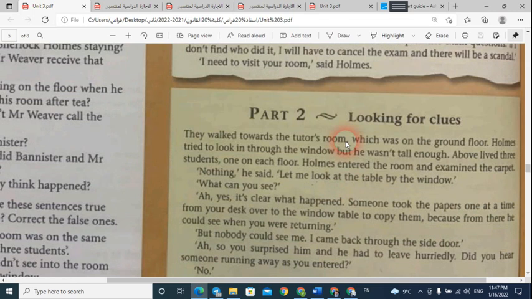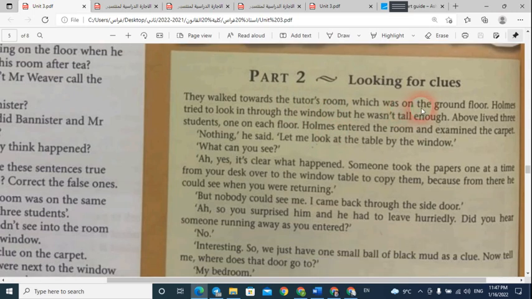Part 2. Looking for clues. They walked towards the tutor's room, which was on the ground floor. Holmes tried to look in through the window, but he wasn't tall enough. Above lived 3 students, 1 on each floor. Holmes entered the room and examined the carpet.